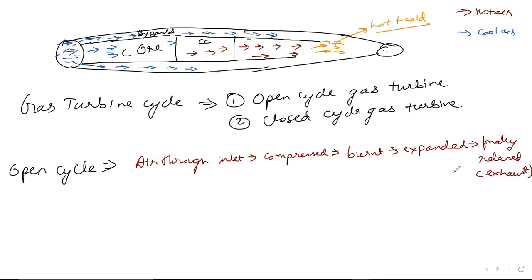The important point is that every time fresh air is introduced and burnt gases are exhausted into the atmosphere. So about exhaust gases we don't have to worry, because all the exhaust gases go into the environment. Although we want to care about the environment. That's why green energy systems and hydrogen combustion systems are now coming, so that our environment remains unpolluted. Otherwise, technically in an open cycle we don't have to worry about exhaust.